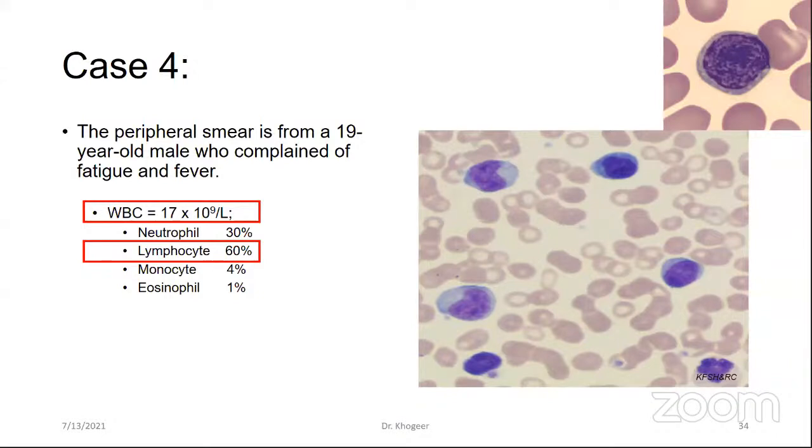In contrast, lymphoma conditions exhibit a more monotonous population of abnormal lymphocytes. For this case, further testing demonstrated a positive monospot test, confirming infectious mononucleosis.